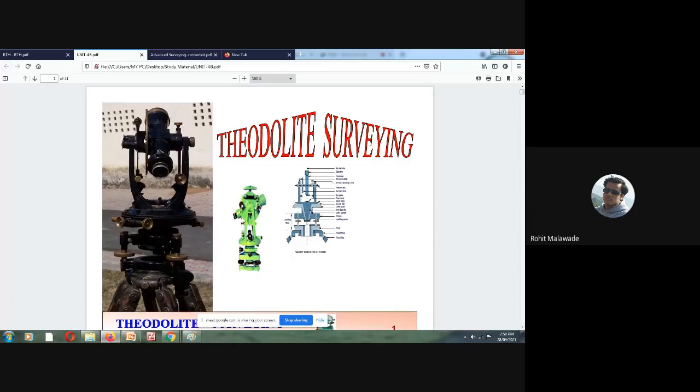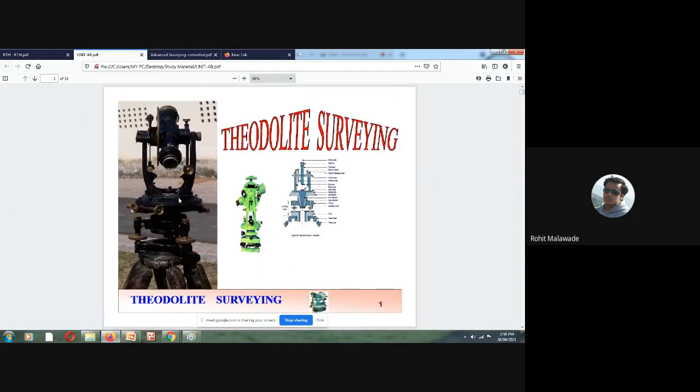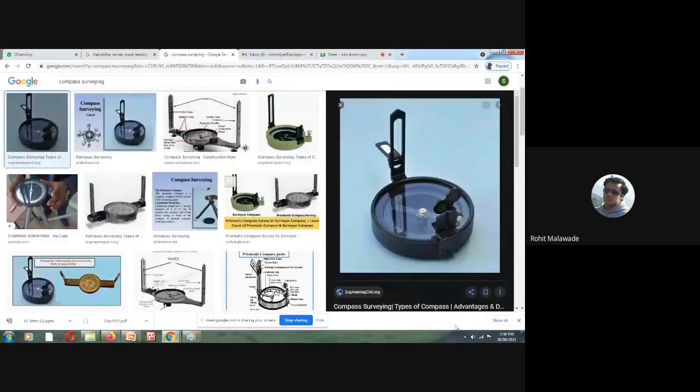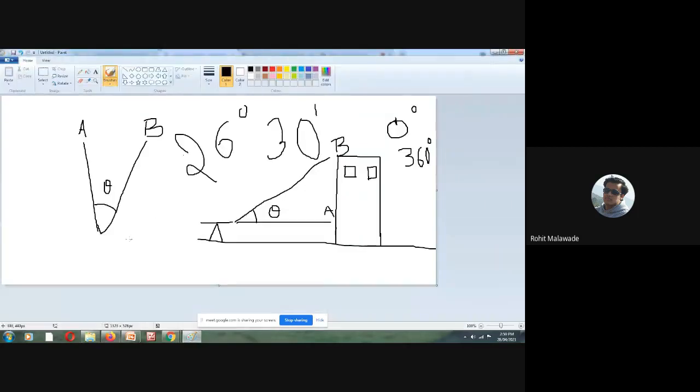So practically we will be dealing with this particular instrument, and normally when we want the vertical angles, or when we want the direction also, then we will be using this instrument rather than the compass. In your previous class of surveying, in basic surveying, you only measured the horizontal angle, not the vertical angle.